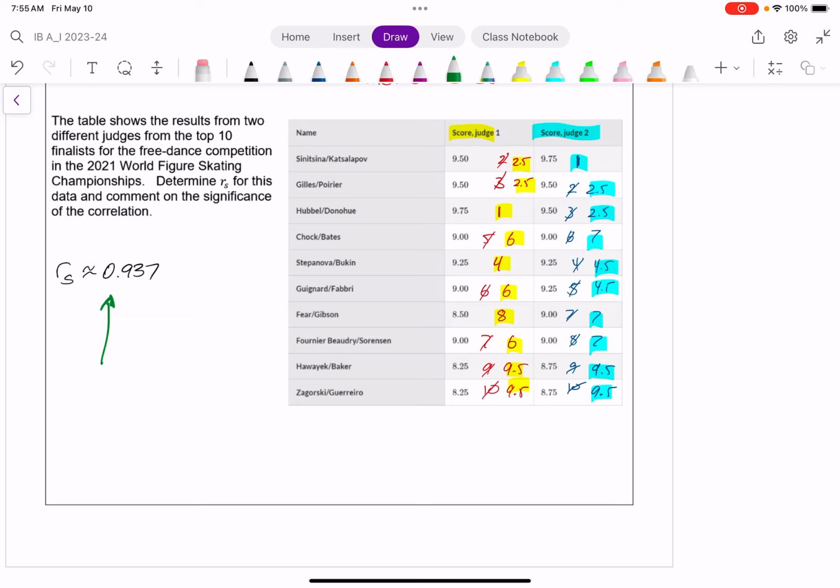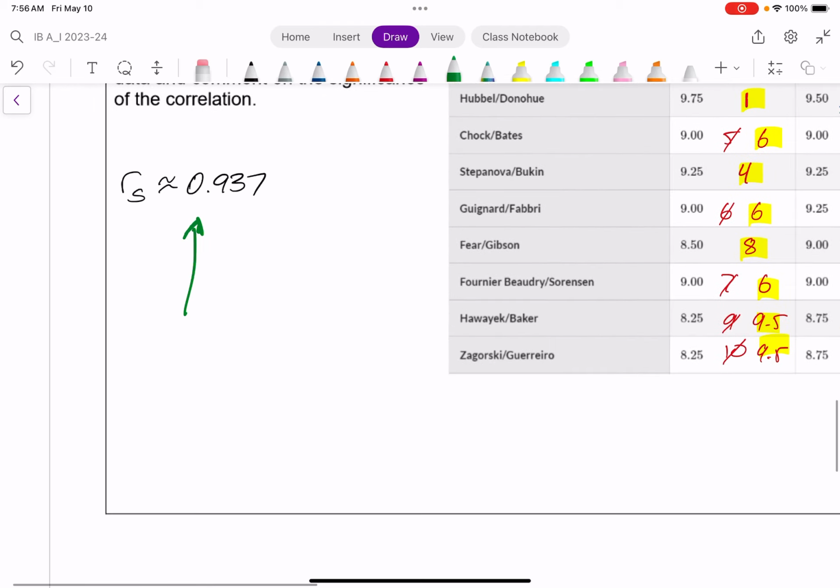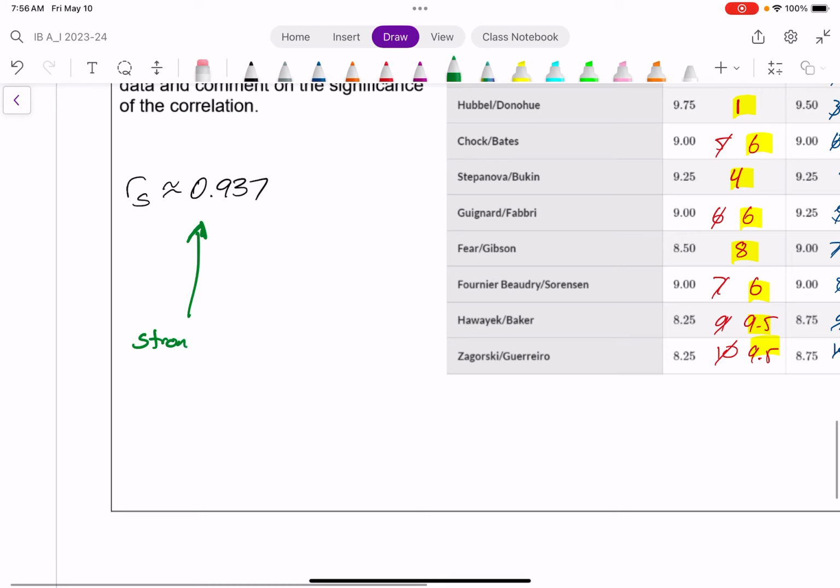And I say thankfully because in a competition where their aim is to be first, if not second, if not third, you want to have your judges having a strong correlation of what they considered best. If there's not a strong correlation, then that would be a concern. And so again, there is a strong correlation between these two judges, which is a good thing here.